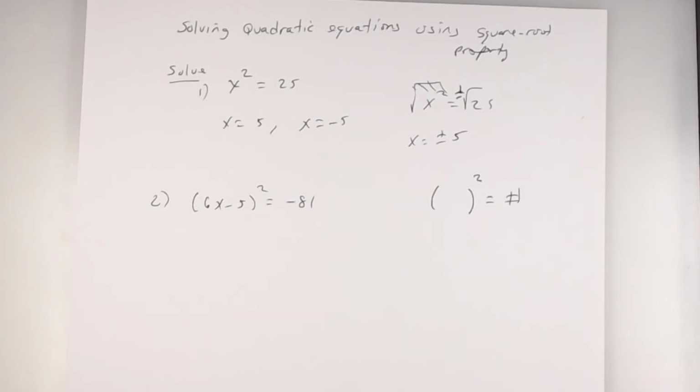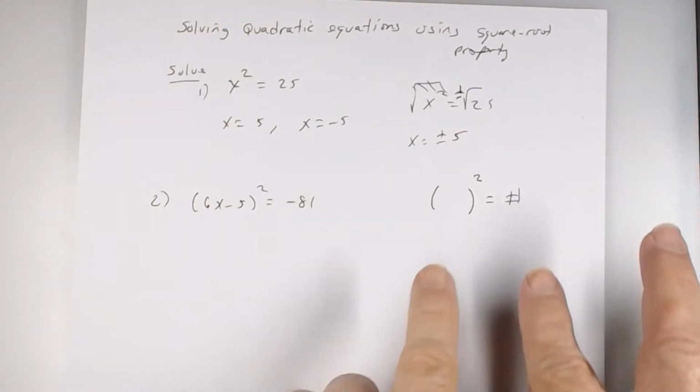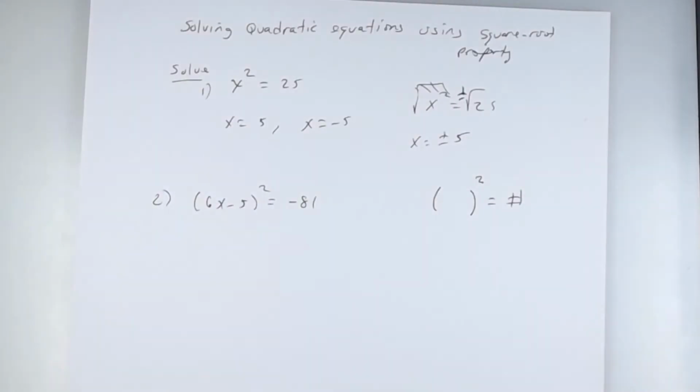So 6x minus 5 squared. It's got to be in this form: some expression raised to what power? Second, equal, and what must be on the other side? A constant, a number. No variable expression, a constant. So is number 2 in that form?